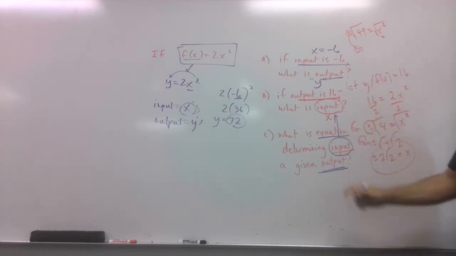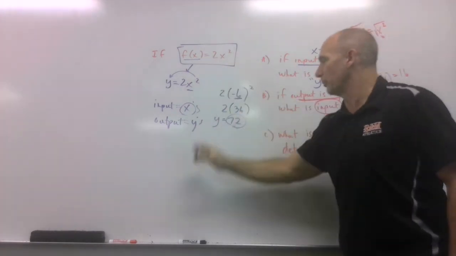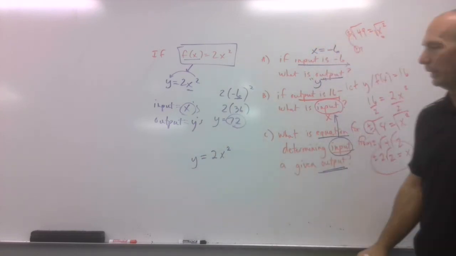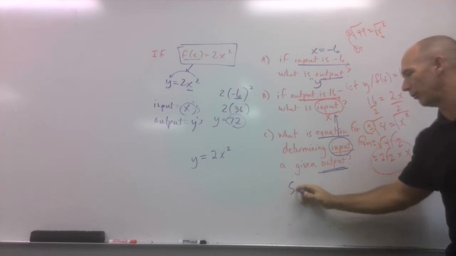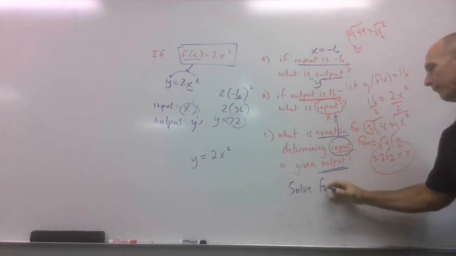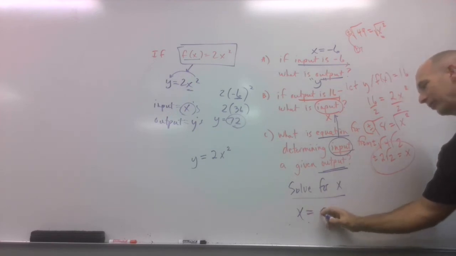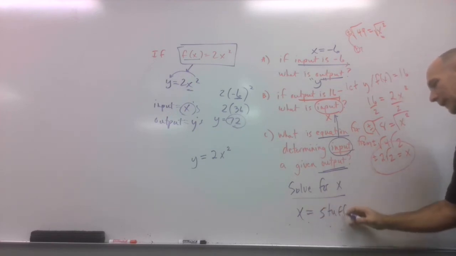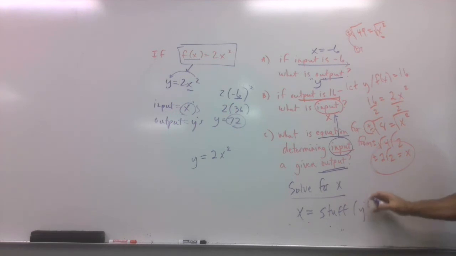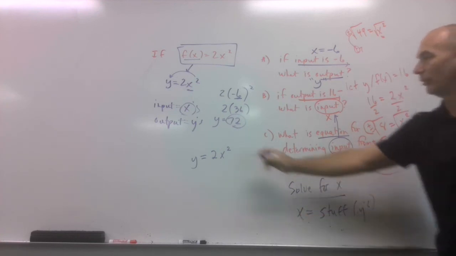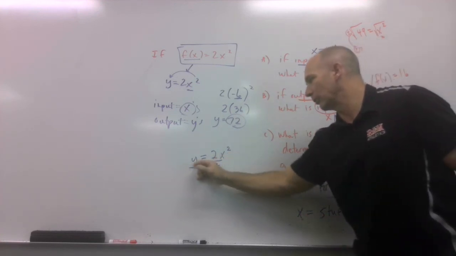So what we need to do is take a look at the original problem, y equals 2x squared, and we need to solve for x. So we're going to get x equals some stuff that actually has y's in it, so that if we were given the value of y, we could just put it in here and quickly find x.